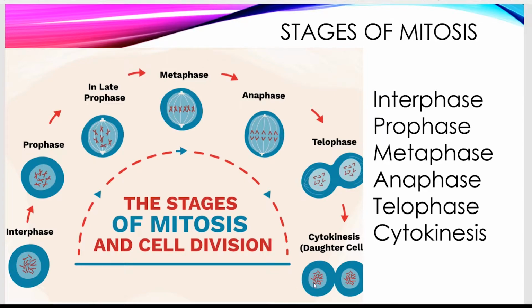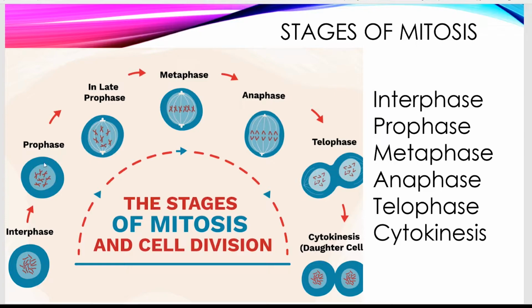So if these ones then replicated again, the next cells would be smaller and smaller, and eventually we'd have tiny cells, and that would be kind of pointless. So interphase is the phase between cytokinesis and prophase that enables the daughter cells from the last separation to grow again to get to a big enough size that they can then divide.